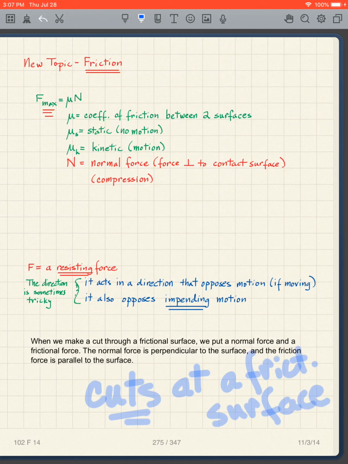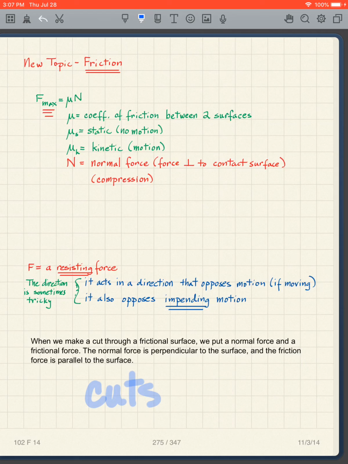And we have a rule for that. In the same way that when we cut through a pin, we have an X and Y force. When we cut through a roller, we have a Y force. When we cut through a truss member, we have a tension or compression. When we cut through a cable, we have tension. And when we cut through a frictional surface, what do we have? We have a normal force and a frictional force.